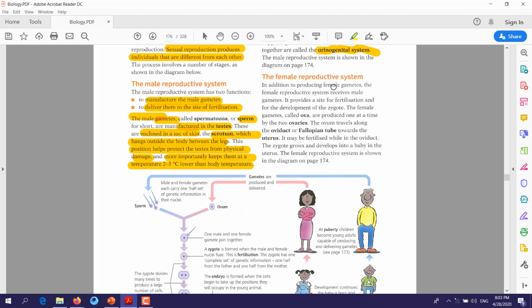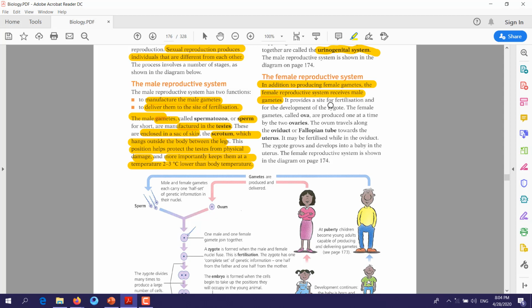In addition to producing female gametes, the female reproductive system receives male gametes. So again, this system has two functions. The first function is to produce the female gamete, which is ovum or ova, or we can call it egg.